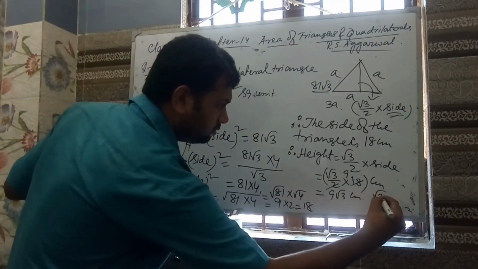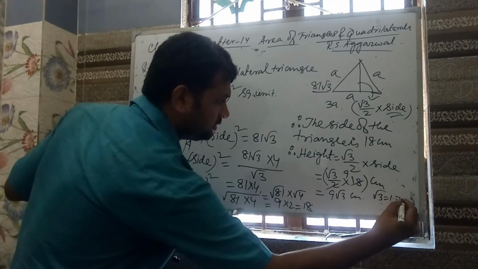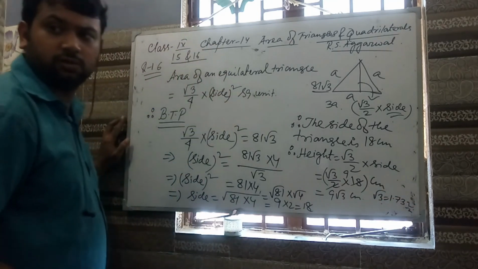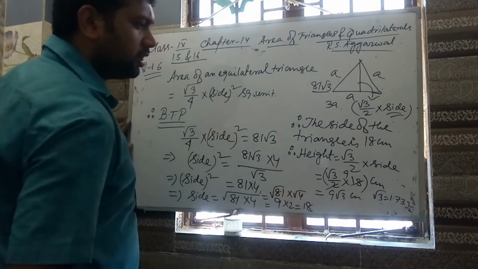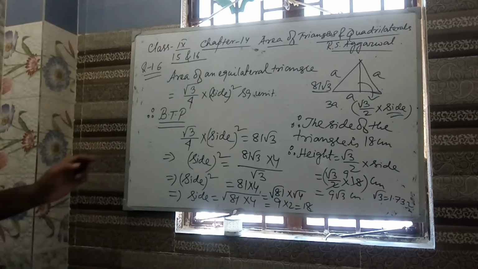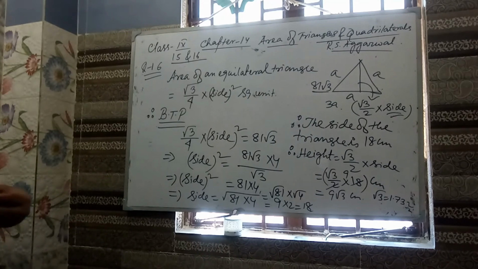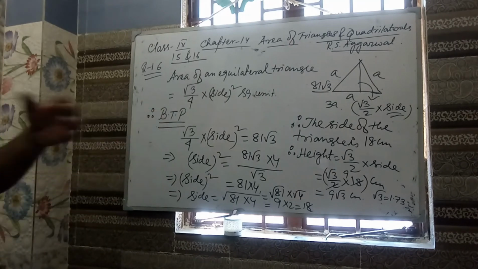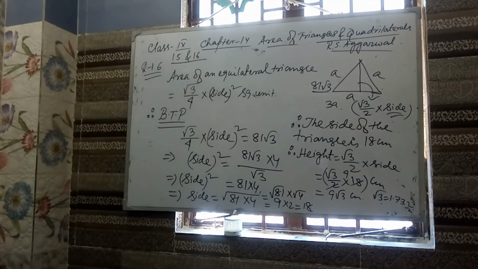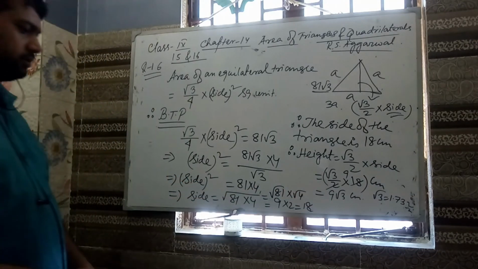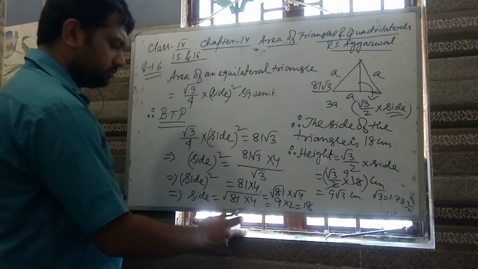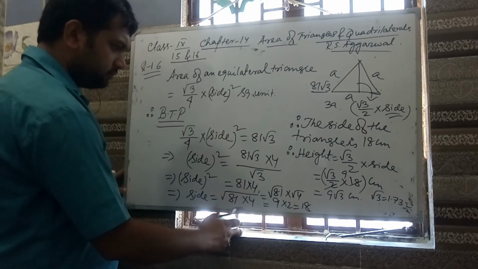Root 3 equal to 1.732. For that case, you have to multiply 1.732 and 9. Then you have to find out your height. So here it is not given. So what we will do? We will just keep it like this, 9 root 3 centimeter. Do it fast.